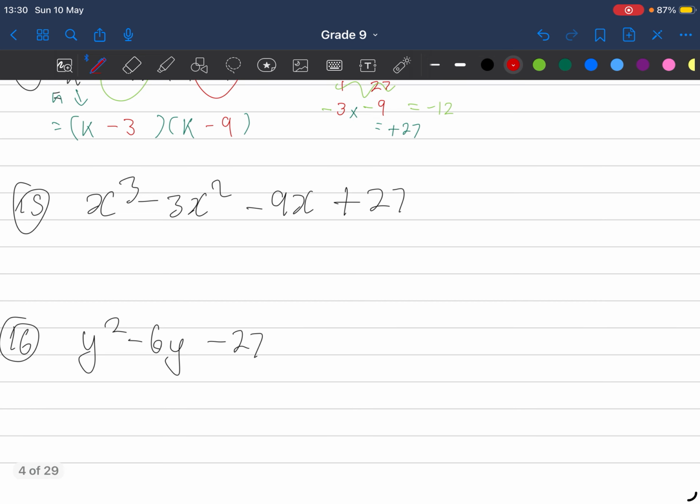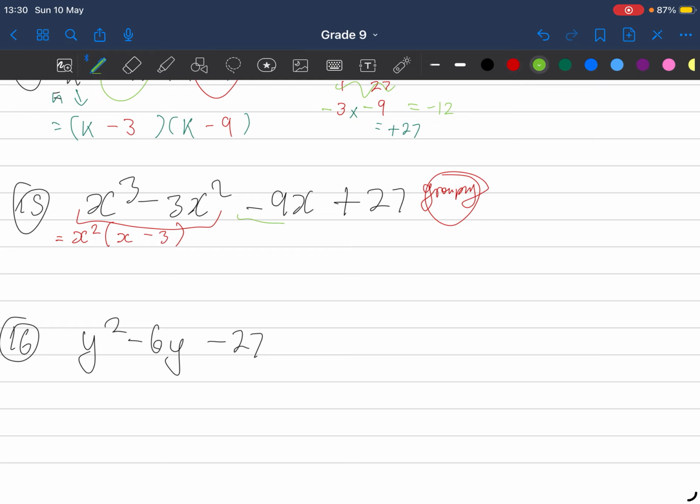Right, last two. We're going to begin with number 15. This one has 4 terms, so we're going to go ahead and try grouping. Let's have a look. Group our first set of terms and pull out a common factor of x squared. Open brackets, x cubed divided by x squared is x. Negative 3x squared divided by x squared is negative 3.